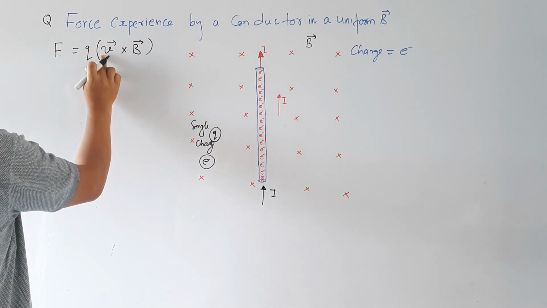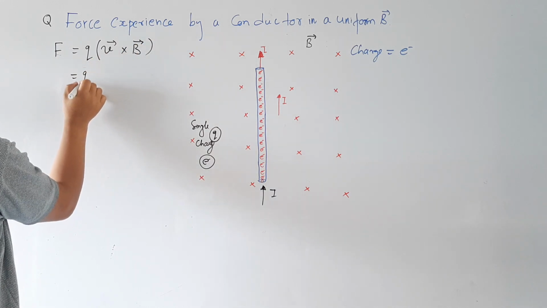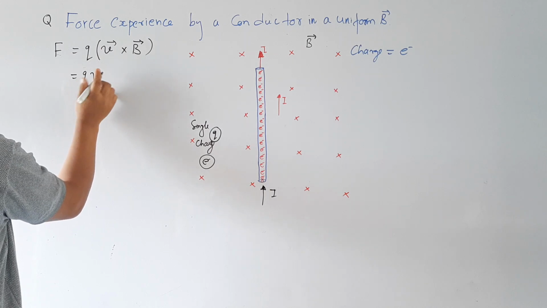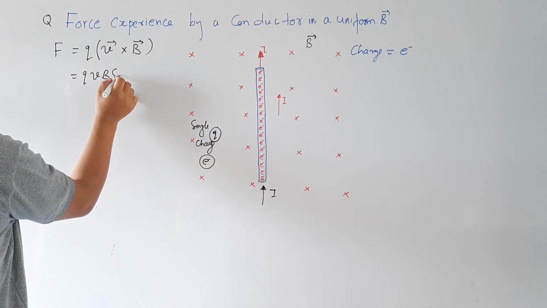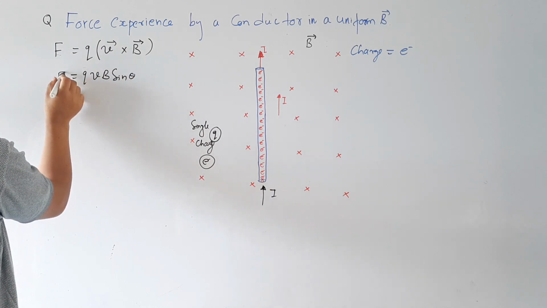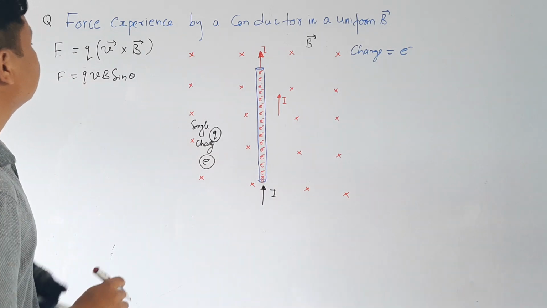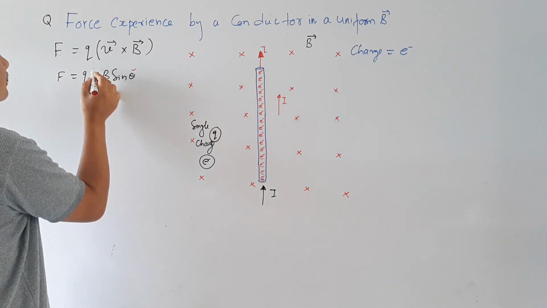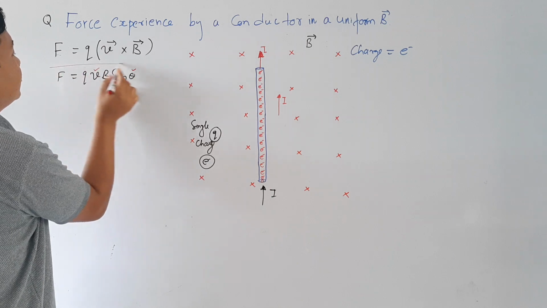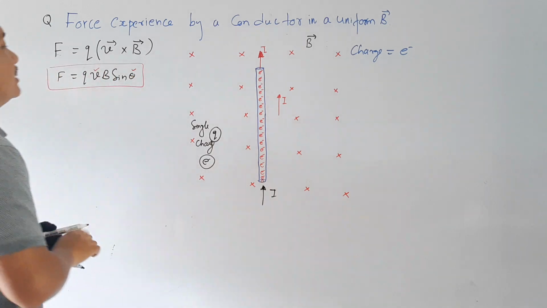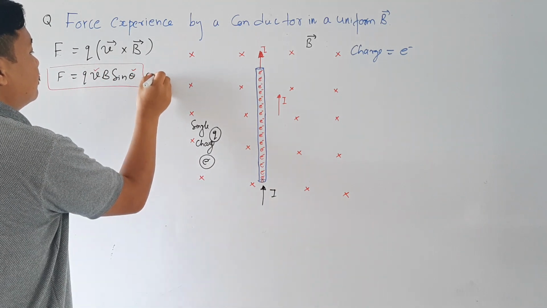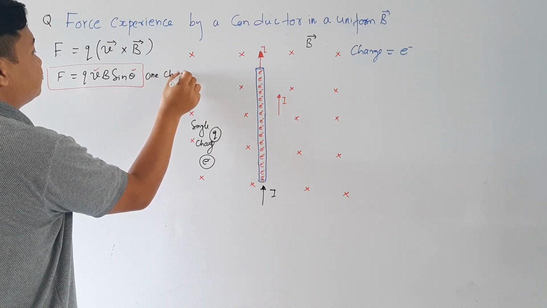This is V cross B, or you can write QVB sine theta, which we have already studied. What is theta? Theta is the angle between velocity and B. This is for one charge.